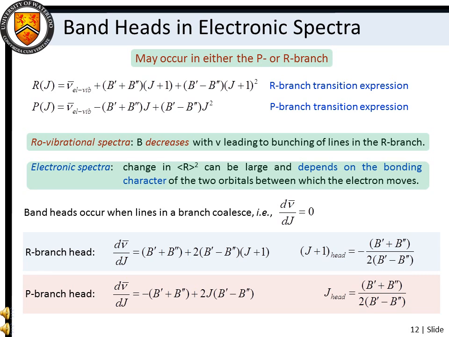Recall that bandhead formation arises when the separation between rovibronic transitions goes to 0. Thus, we can set the derivative of the R of J and P of J expressions with respect to J equal to 0 and determine the J value at which the bandhead occurs. This treatment is usually accurate to within 1 J value.